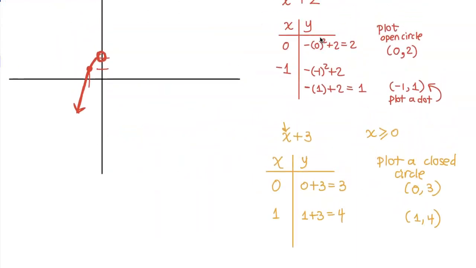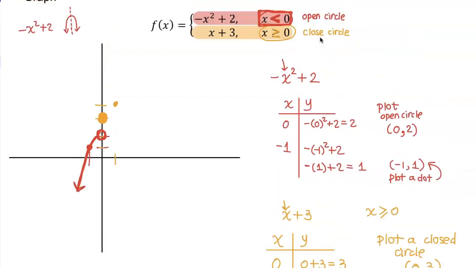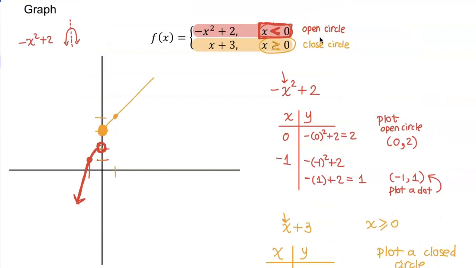So I will go to 0, up 3: 1, 2, 3, and I'll plot a closed circle right there. And the second point I need is 1, 4, and I will connect these dots. This second piece is a linear function. It's a straight, diagonal line going up from left to right with a slope of 1.